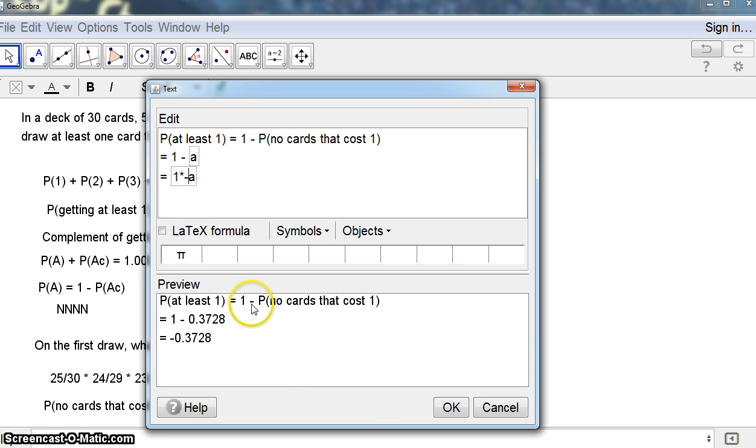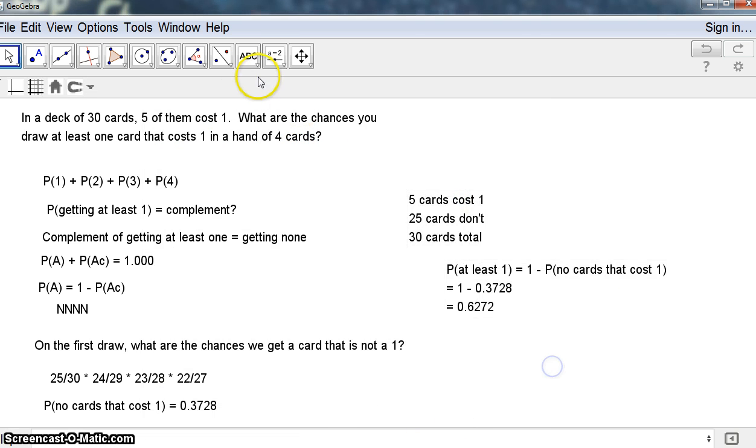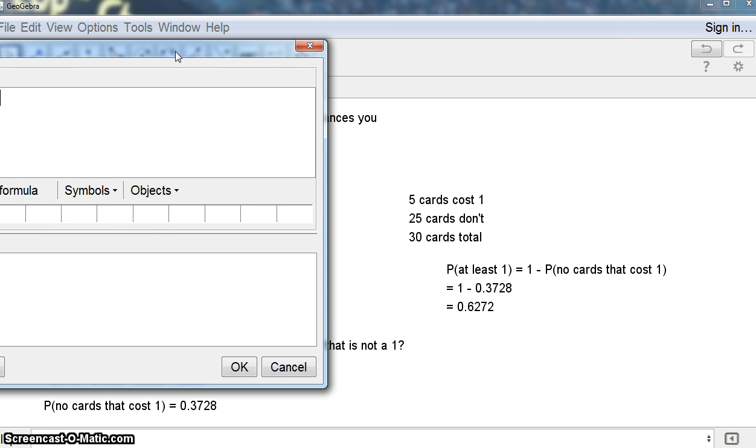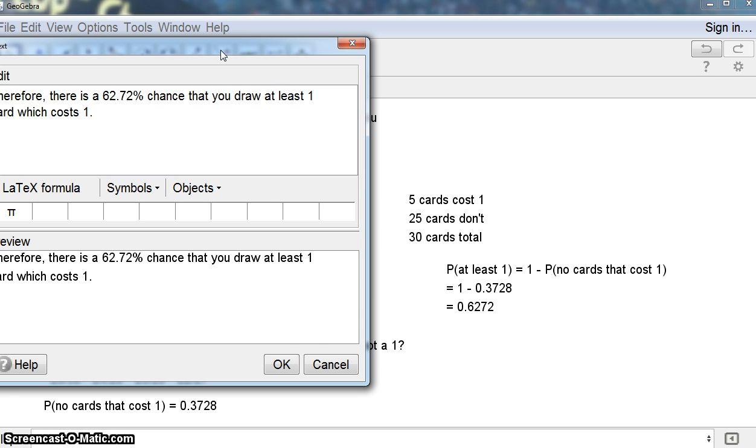We can conclude, therefore, that there is a 62.72% chance that you draw at least one card which costs 1.